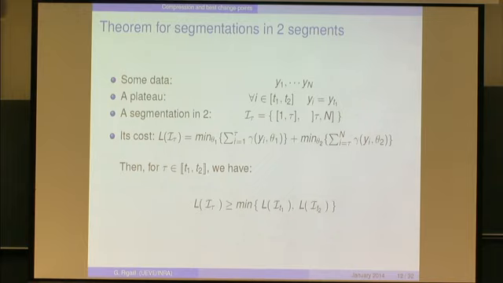Then you can obviously compute the cost of any of these segmentations, and it's simply the cost of the first segment, which is this, plus the cost of the second segment, which is that. The key thing to see here is that when you move tau, there are too many things moving at the same time, essentially because you are minimizing here.